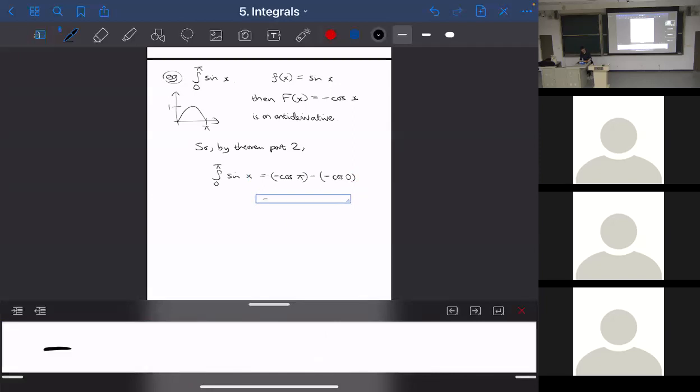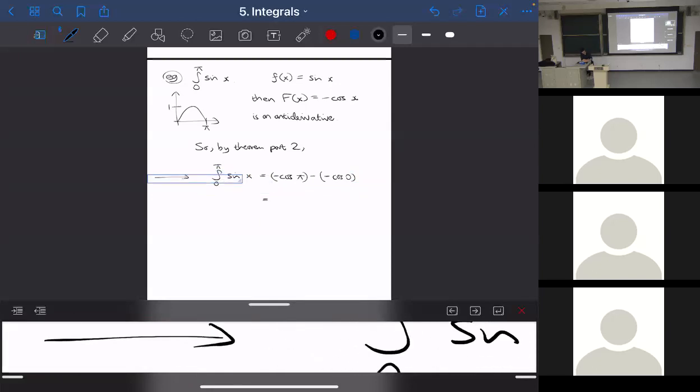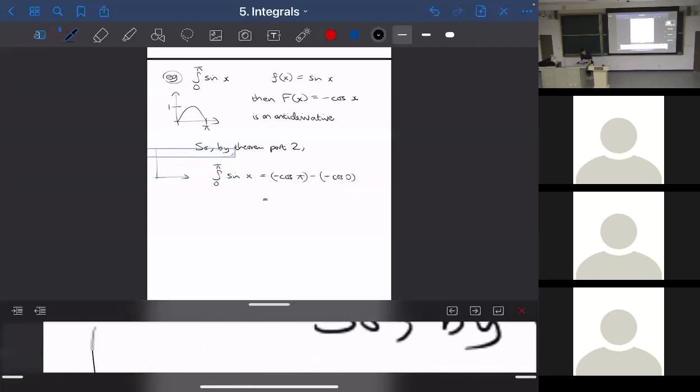Okay. And, well, let's remember how the graph of that looks so we can see what these values should be.